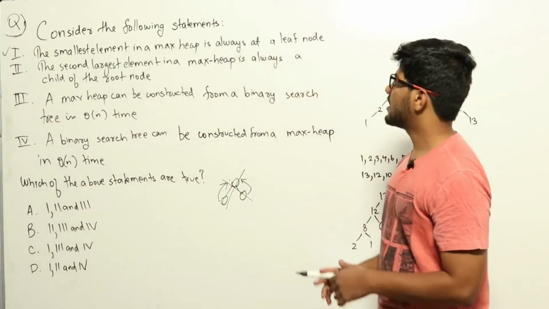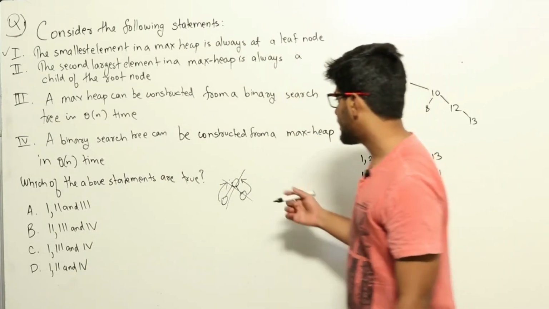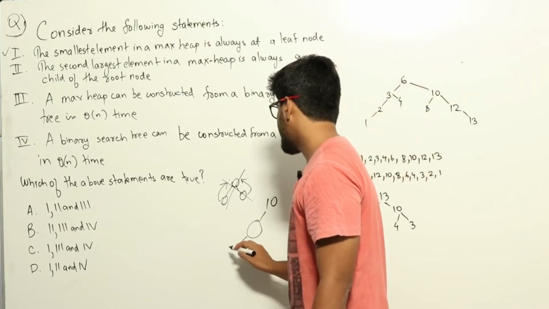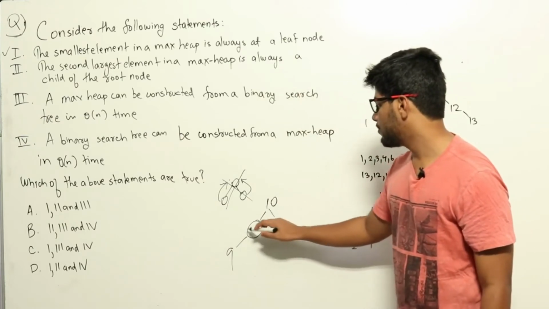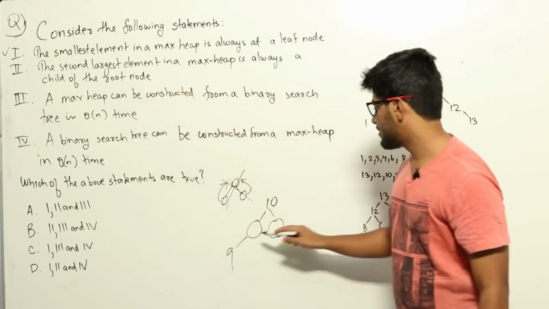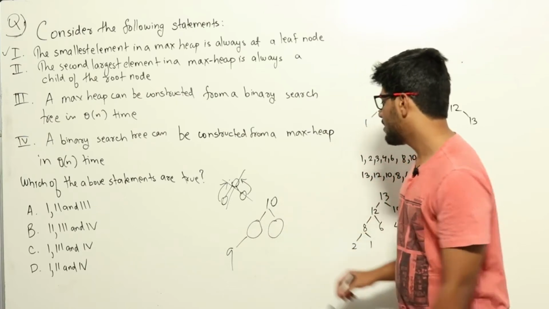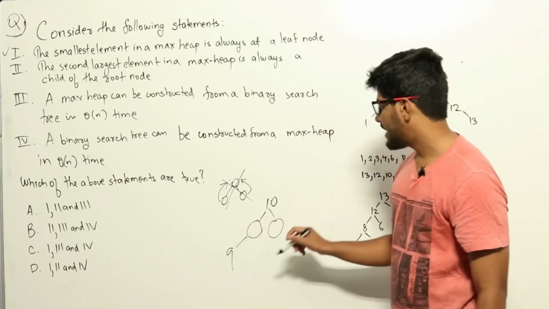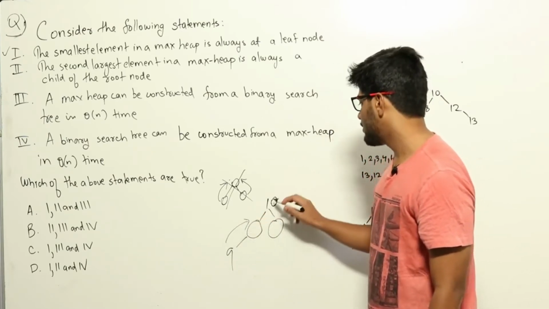Statement 2, the second largest element in a max heap is always a child of the root node. Let us say the largest element is 10 and the second largest element is 9, and 9 doesn't belong to the children of the root node 10. Now in that case, I need to put some value here that is greater than 9, and also less than 10.